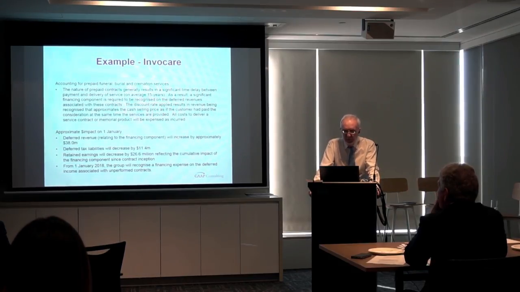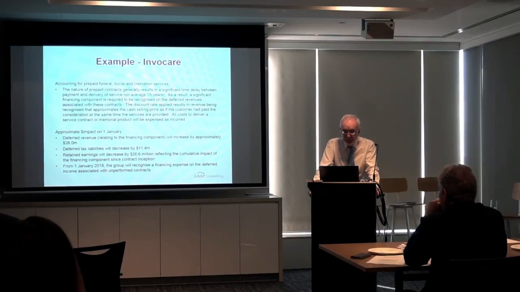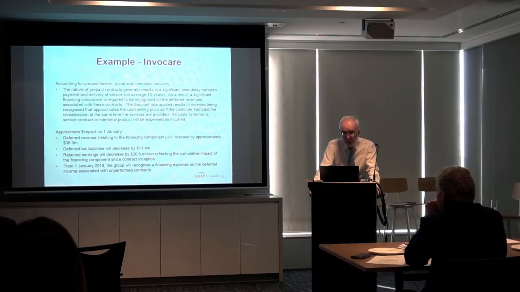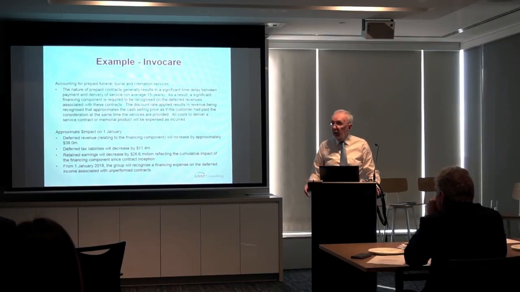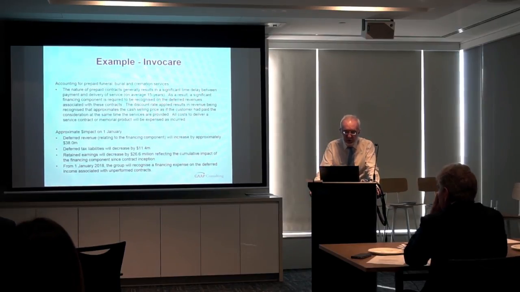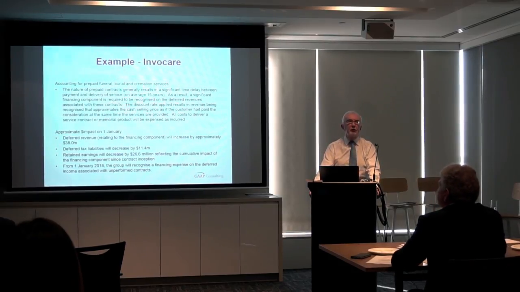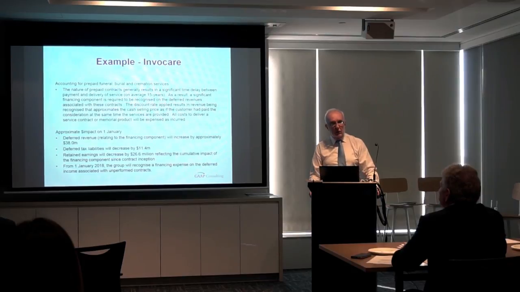The discount rate applied results in revenue being recognised that approximates the selling price as if the customer had paid the consideration at the same time the services are provided. So, an explanation. All costs to deliver the service contract or memorial product will be expensed as incurred. So, a description of the issues. And then again, the impact of this particular change on the entity.